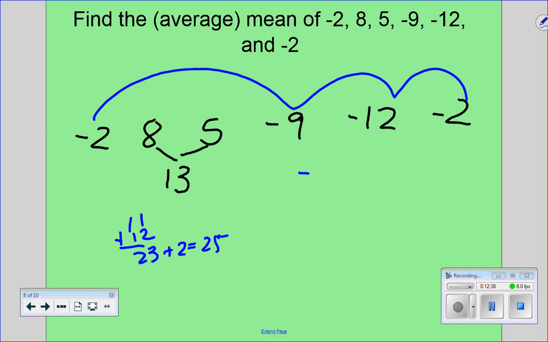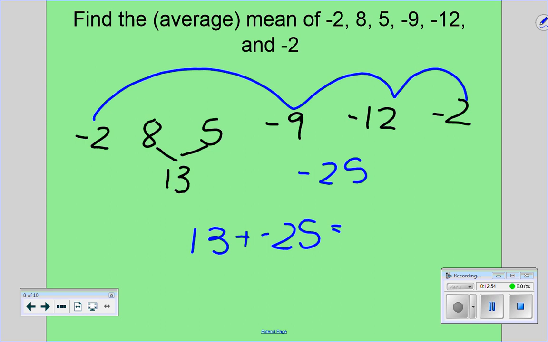I think all the negatives are -25. And 13 plus -25 would be, let's see, -12.